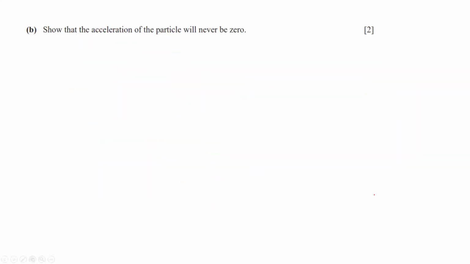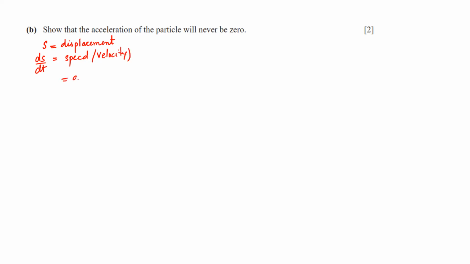Moving ahead, Part B says show that the acceleration of the particle will never be zero. Remember, we are given the displacement, and we have also calculated the speed, the first derivative, which we also call velocity.